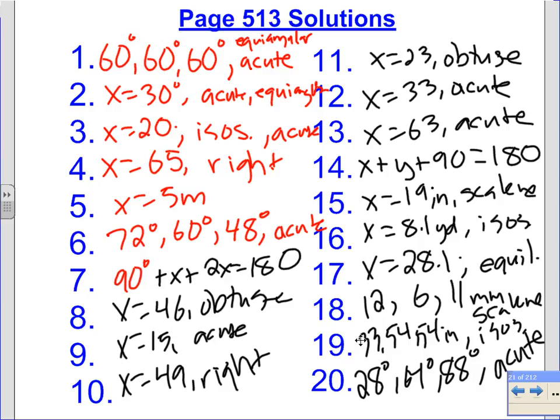Okay. After you combine like terms for 12, you get 6x minus 18 equals 180. Did you have that? Add 18 to both sides. You get 6x equals 198. 198 divided by 6 is 33. Did you divide wrong? Okay.